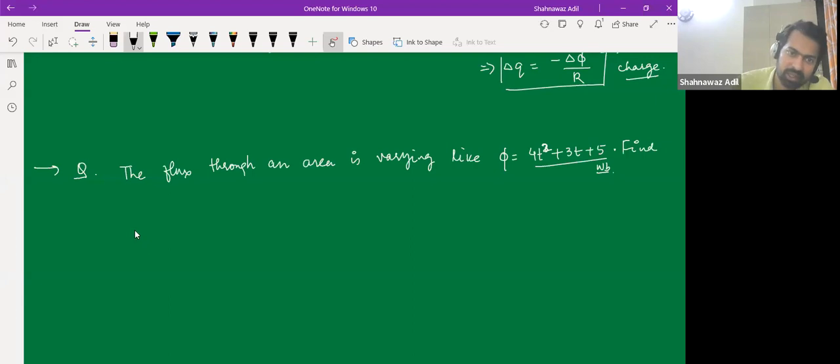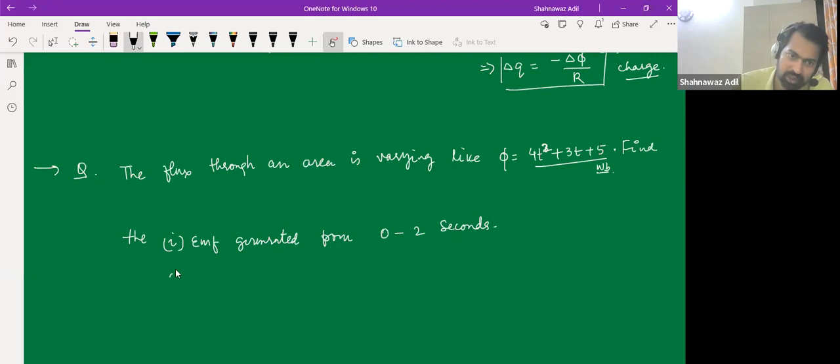Find the EMF generated from, let's say, 0 to 2 seconds.